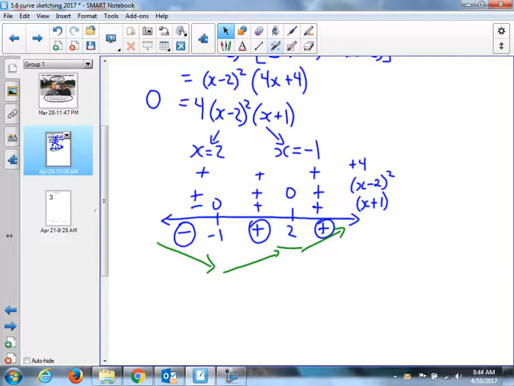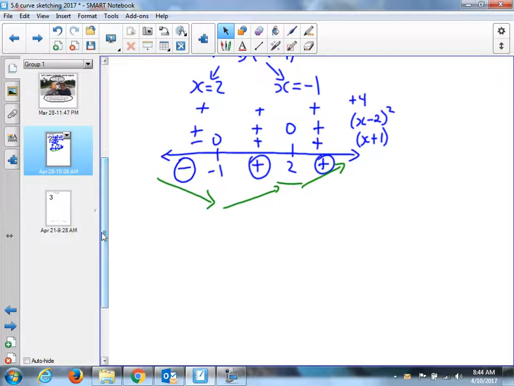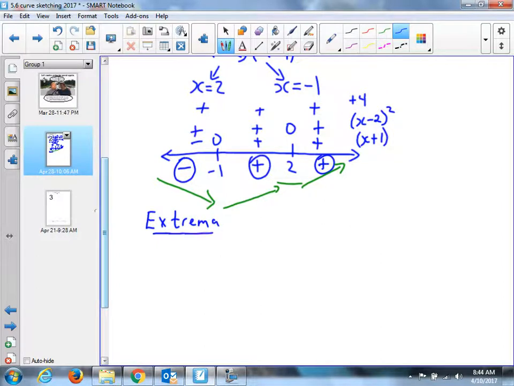Like I said, those A, B, C, D, the first problem, it's really one big question. So, extrema, back to the blue here. Points of your extrema. Well, there's a max or a min.